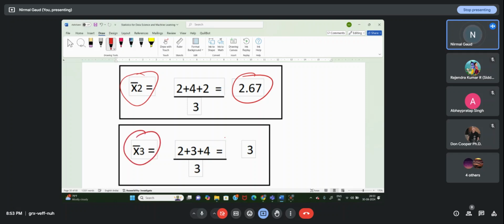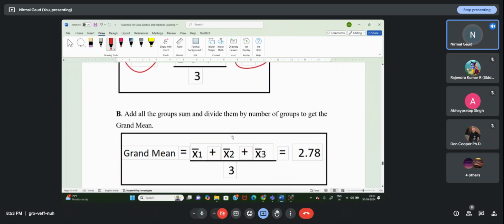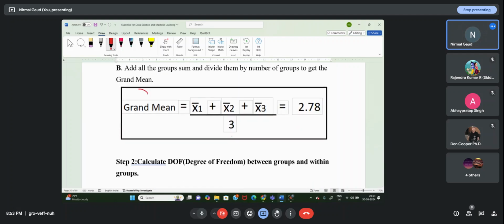And this is 2 plus 3 plus 4 by 3, the mean of group 3. And you have to find the grand mean. Okay, to find the grand mean: x1 bar plus x2 bar plus x3 bar divided by 3, 2.78. So you have to add all the means and then find the new mean, that is the grand mean.